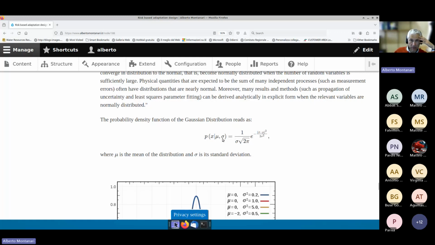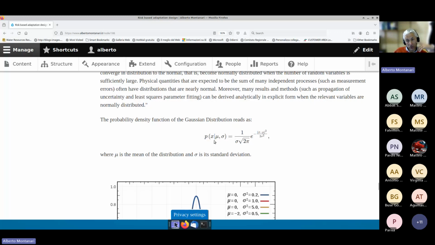And why two parameters? Because it allows you to shape the probability distribution to the considered problem, or to fit the probability distribution to the considered problem. By changing the parameters, you can adapt, you can fit the distribution to your data.